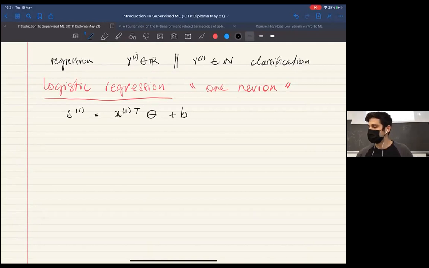And maybe you can have some bias, a constant shift is called a bias. And of course, you can always redefine this vector of parameters by adding a constant at the beginning, an additional constant feature, and you can again rewrite this as a linear relationship like this.